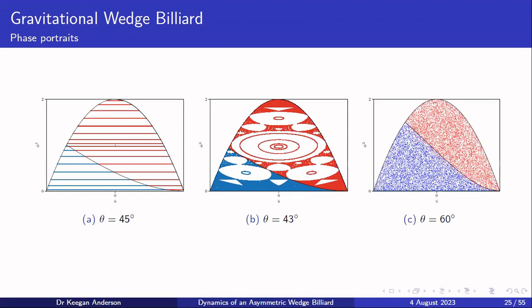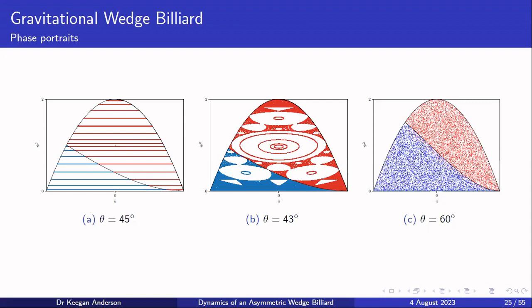And this is an illustration of some of the dynamics. The left-hand picture is what we get when theta is equal to 45, and that's the integrable case, like I said. You can get nice solutions, and you can talk about exact solutions in this case. Whereas theta equal to 43 degrees, which is the center figure, illustrates what I mentioned about the mixture of chaotic and periodic behavior.